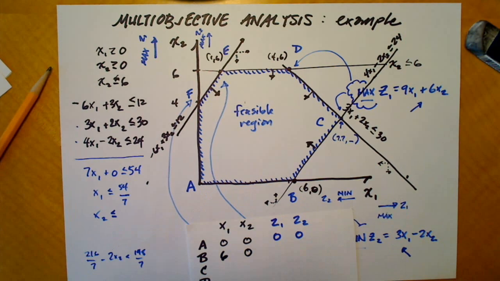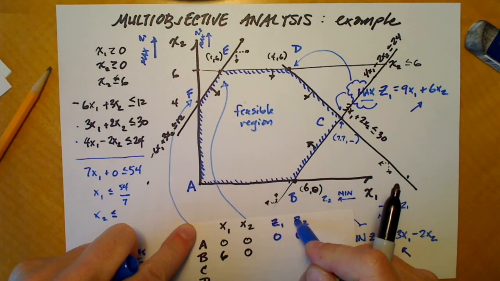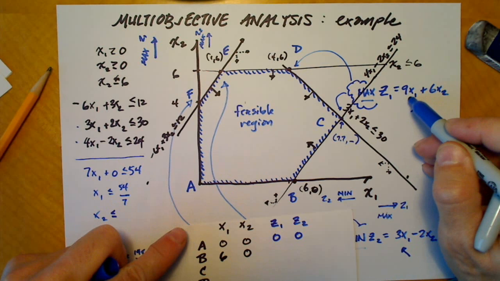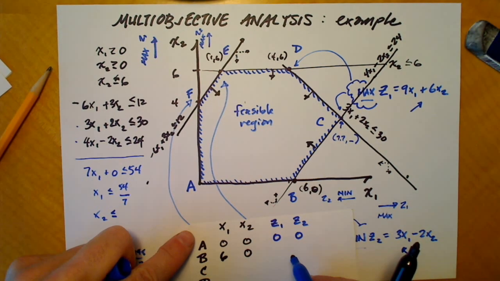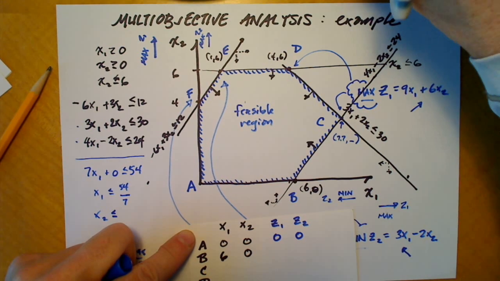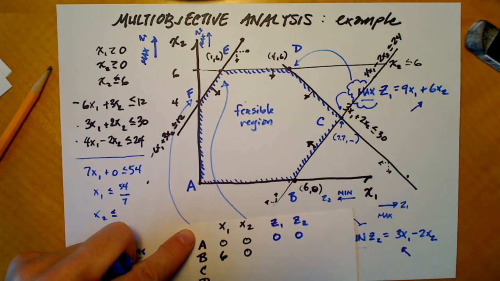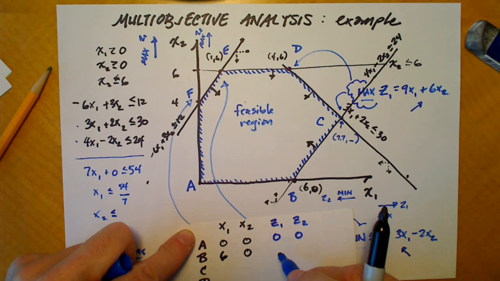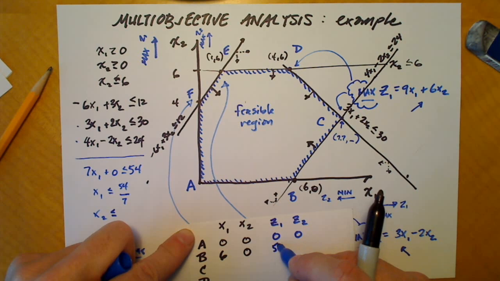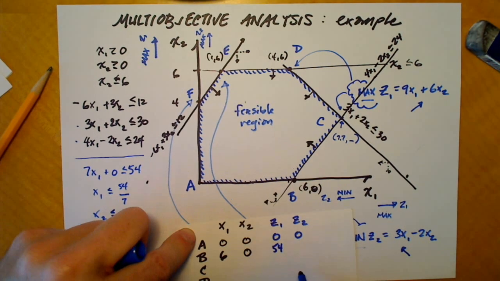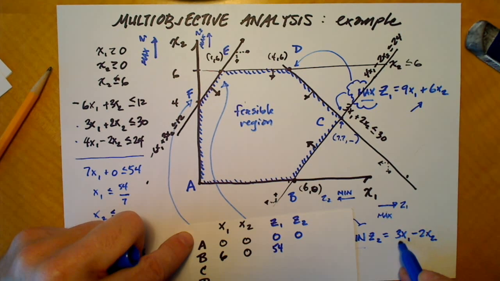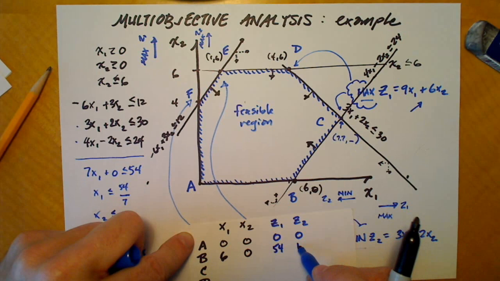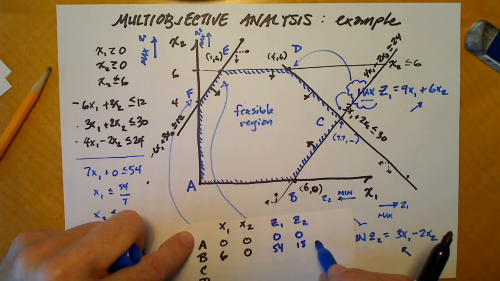Let's solve for Z1. 6 times 9 is 54 and 0. That looks like 54. And Z2, 6 times 3 is 18 minus 0, 18.